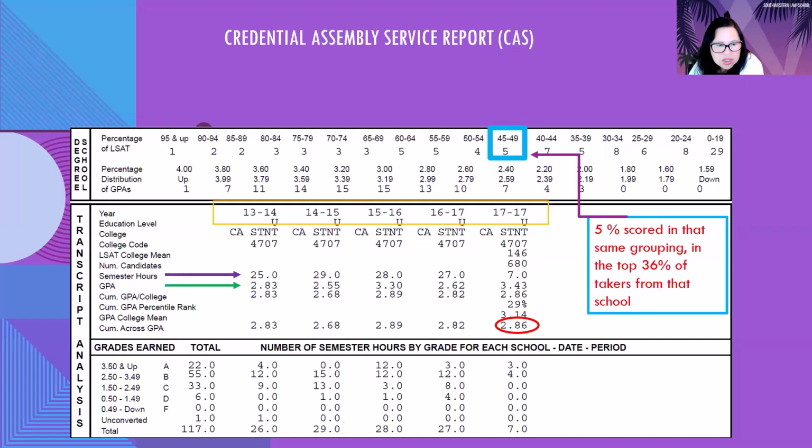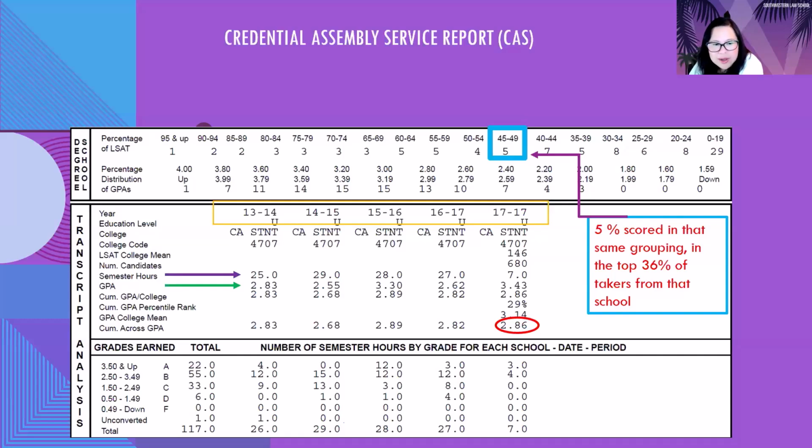It says CUME GPA / college, because that's their first year, it's still a 2.83. As you move over to the next column, you can see they took a few more units. So they went from 25 units that year to 29 in 14-15. Their GPA goes down, which brings their CUME down to a 2.68, okay? And so on and so forth.